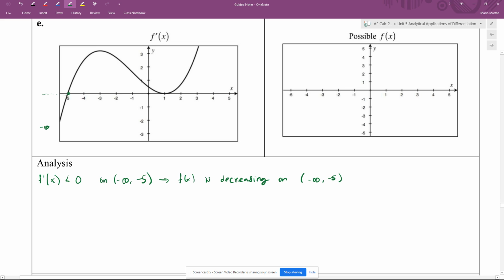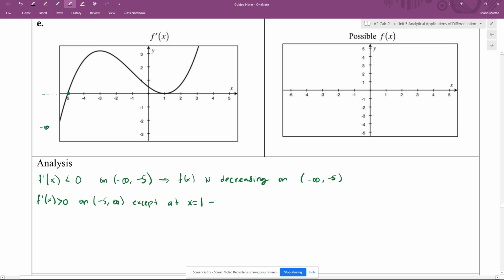And then after that, we notice that f prime of x is greater than 0, right? From negative 5 it's greater than 0, and then it reaches 0 at positive 1. And then it continues back up above the x-axis. So we're going to say that f prime of x is greater than 0 on negative 5 to positive infinity, but we have an exception, except at x equals 1.